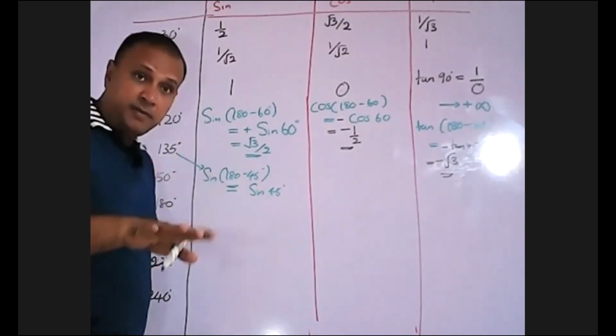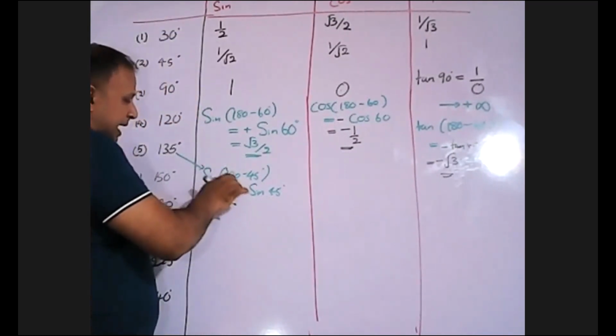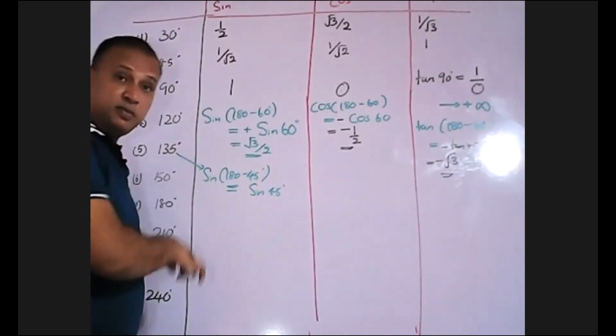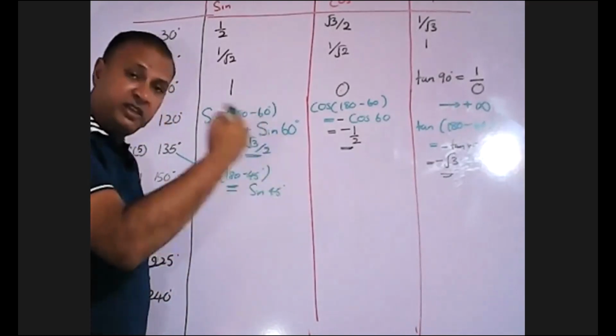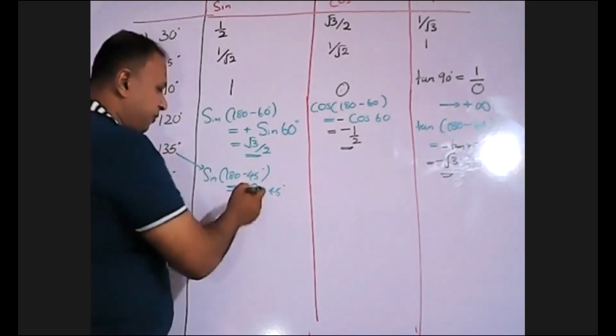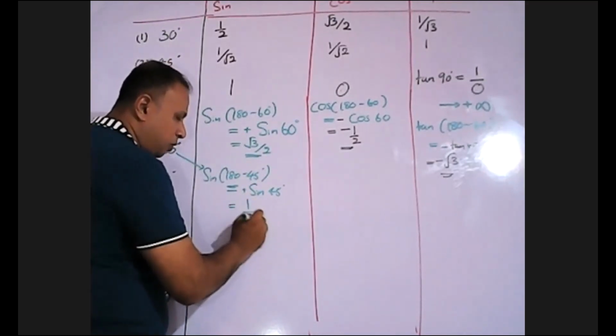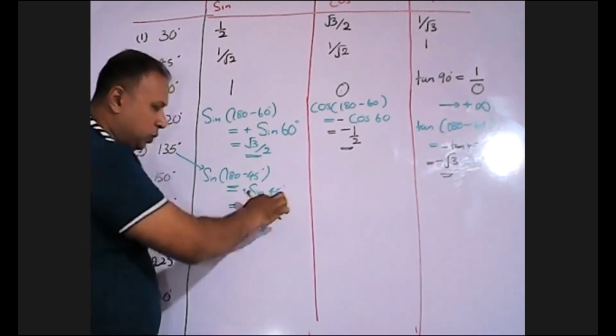Then you have to determine the positive or negativeness of this one. As 135 belongs to the second quadrant, sine values are positive. Therefore, this is a positive value. So it is equal to 1 over root 2, sine 45.